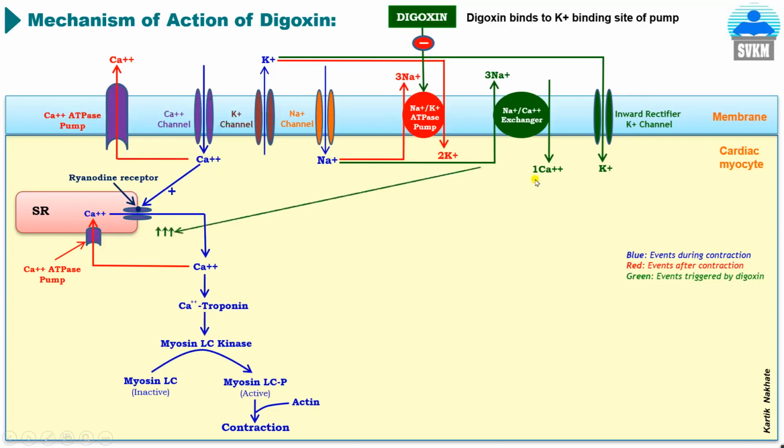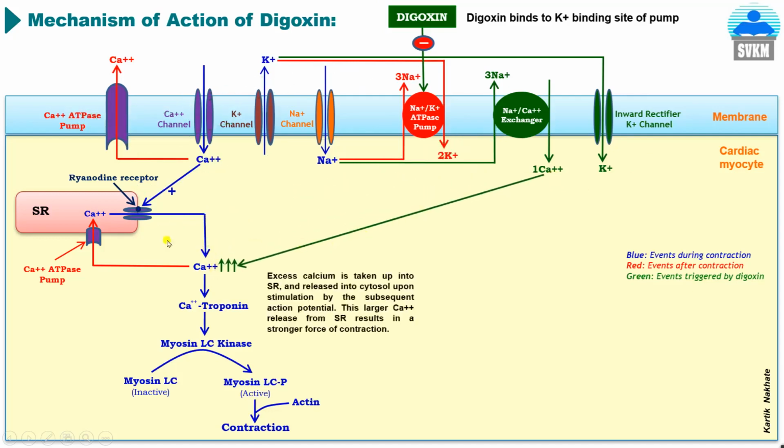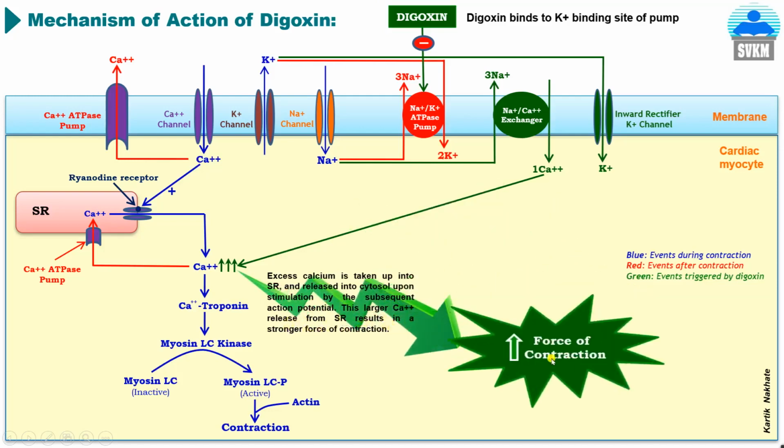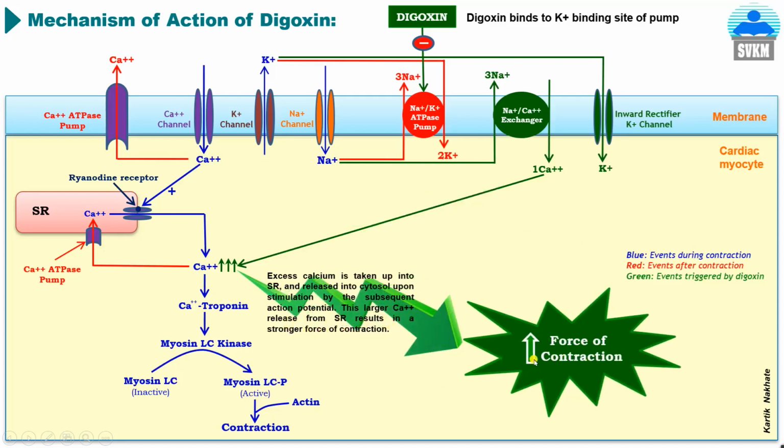The excess cytosolic calcium is taken up into the sarcoplasmic reticulum and released into the cytosol upon stimulation by the next action potential. This larger calcium release from the sarcoplasmic reticulum results in a stronger force of contraction, and obviously this effect is beneficial in case of systolic heart failure. So that's all about the direct mechanism of action of digoxin.